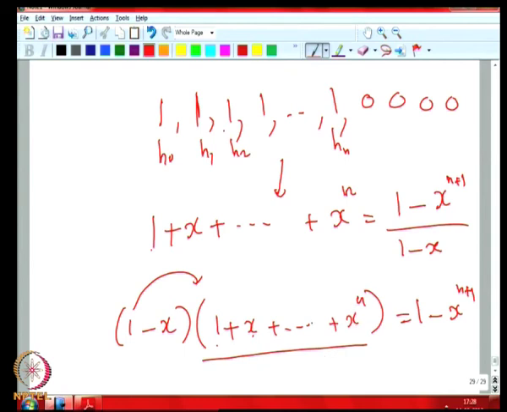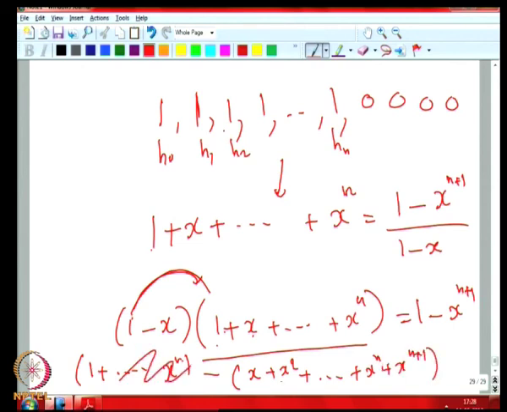So all the terms except the first one and the last one go away: x plus x square up to x raised to n cancel. So you get 1 from here minus x raised to n plus 1. This is what we will get.